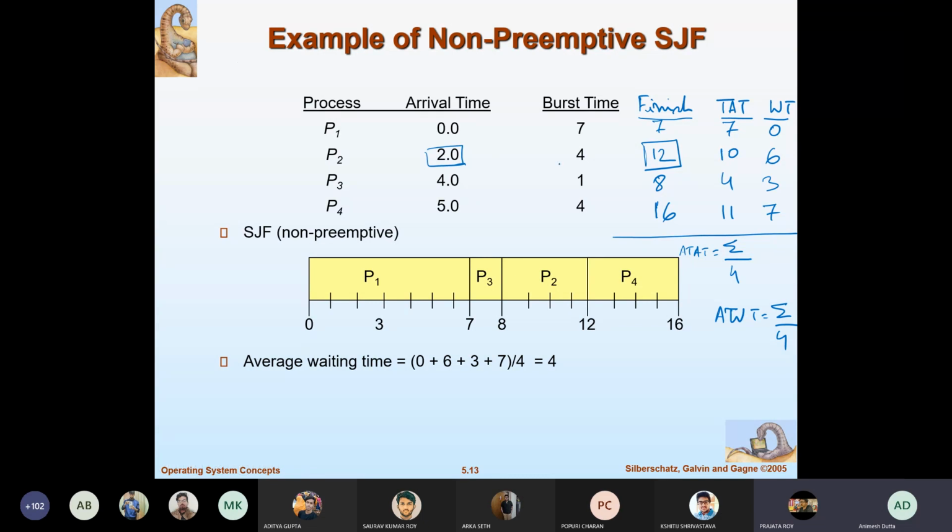So turnaround time is 12 minus 2. How much time it has spent in the system, that is your turnaround time. Burst time is the time it requires the CPU for execution. So obviously, turnaround time minus the burst time, that will give you waiting time.